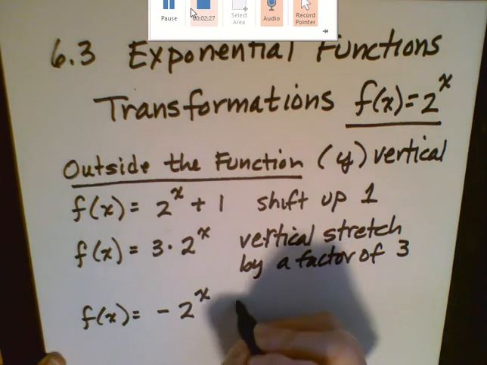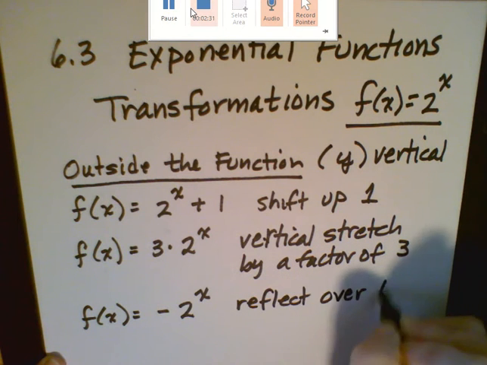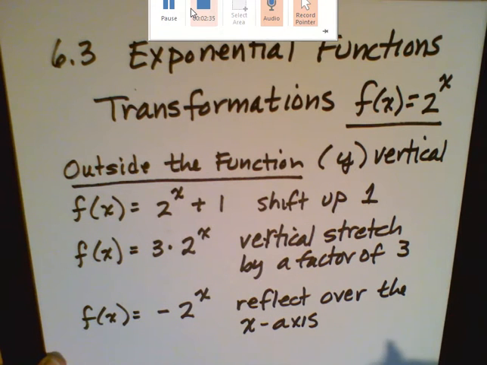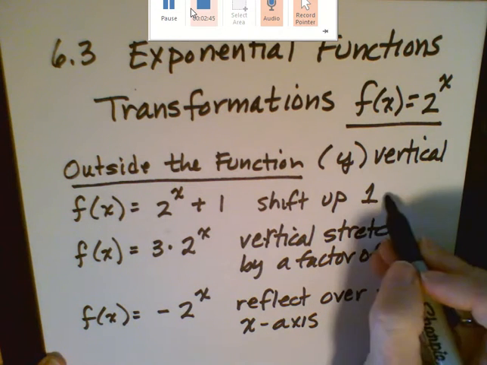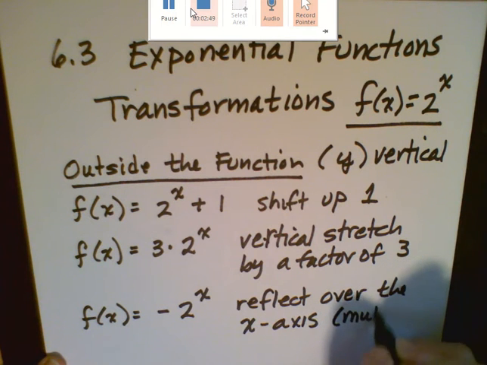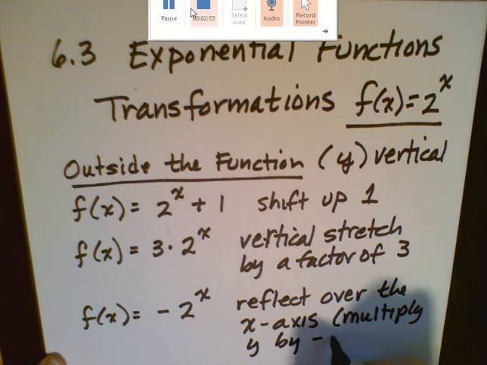So this means reflect over the x-axis, which of course changes your y value, not your x value. If you reflect over the x-axis, x is still the same. So here we would multiply our y values by negative 1.